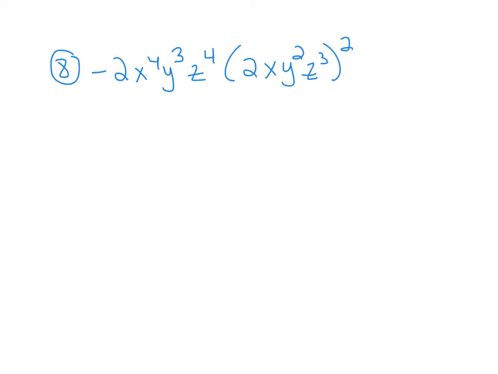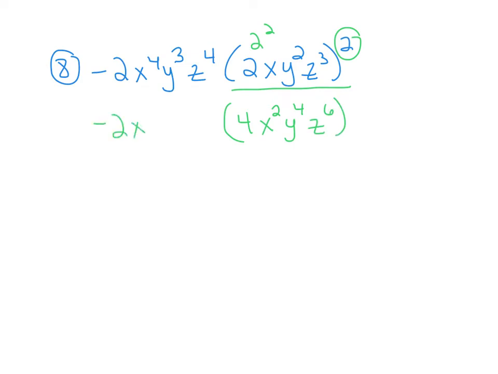What you need to do first is this parenthesis, because you've got to take care of this squared up here. So this one turns into 2 squared, so that would be 4x squared, y to the fourth, z to the sixth, and then you just multiply it by the first.